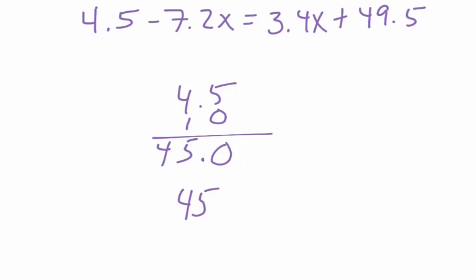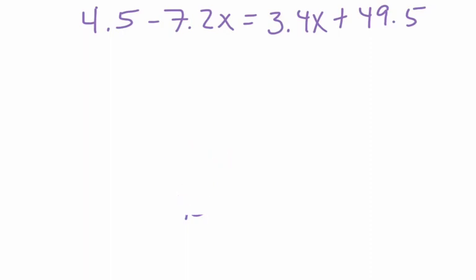Essentially, multiplying by the number 10 gets rid of the decimal point. Now we know enough about this symbol right here that we have to be really careful. We cannot just take 4.5 and change it to a 45, because then the two sides of the equation would not be the same. But we can invoke that golden rule of math.